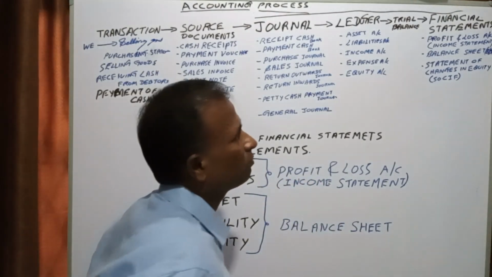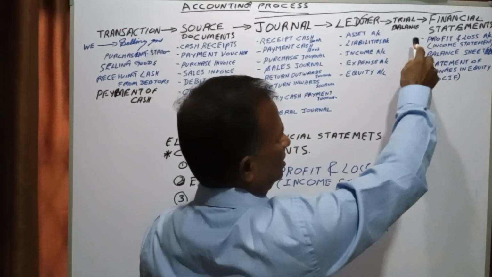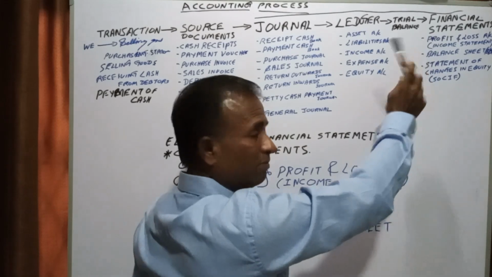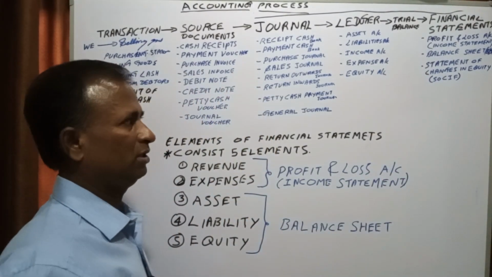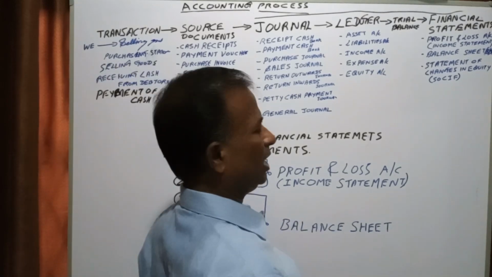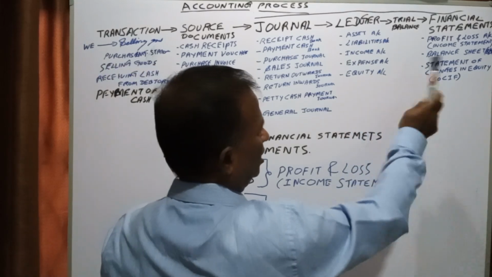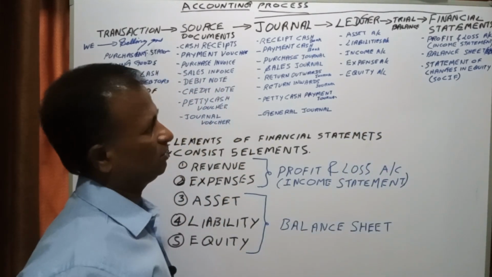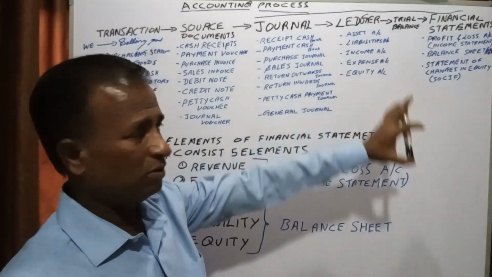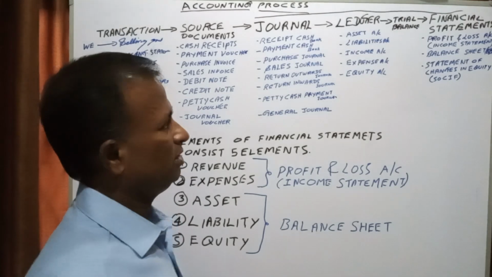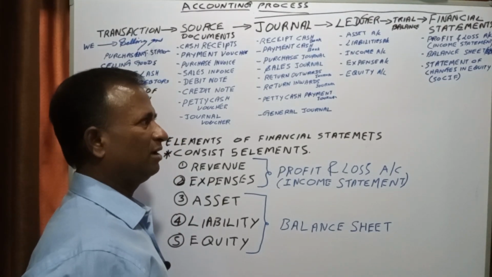Second one, the balance sheet. Third one is the statement of changes in equity, that is SOCIE. These are the financial statements normally prepared by companies.